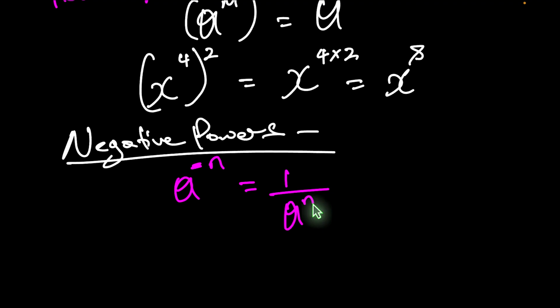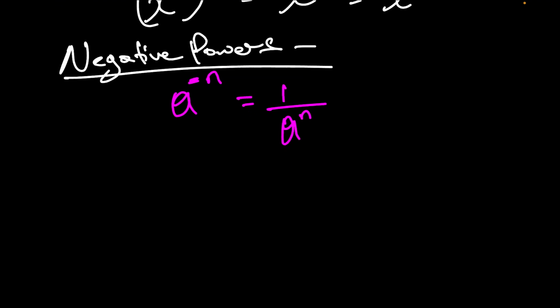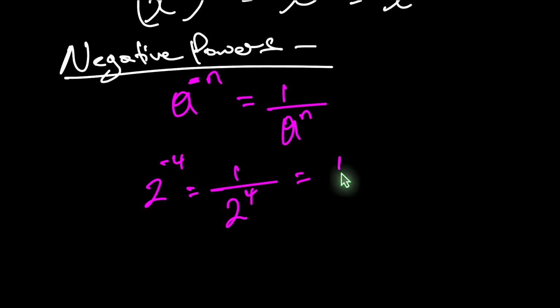That's all there is to this one. So I'm going to use some numbers for this one actually. So let's say it's just 2 to the power of negative 4. To work that out, we just do 1 over 2 to the power of 4. And 2 to the power of 4 is 2 times 2 times 2 times 2, which is 16. So that one would be done. It's as straightforward as that.